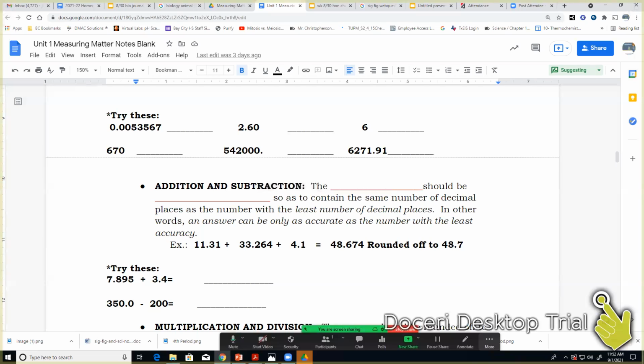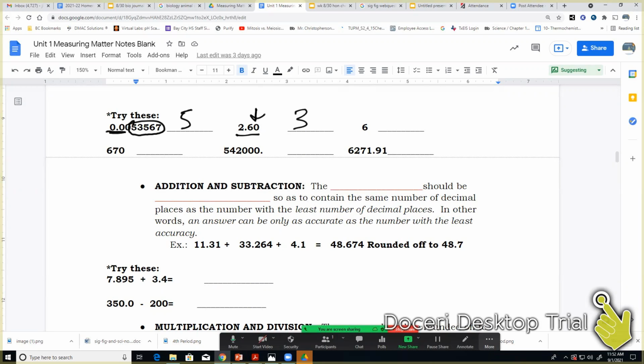All right, so I'm going to start with my first one. I have these leading zeros. Are those significant? No. So that's all my significant numbers right there. That's 5. Those are just placeholders. What about my 2.60? How many sig figs? 3. Perfect.